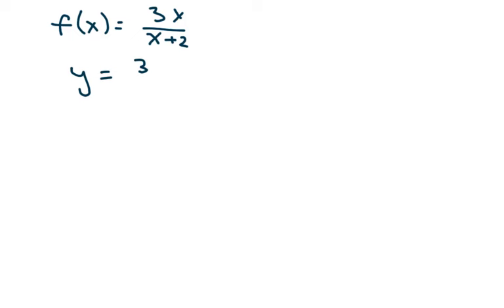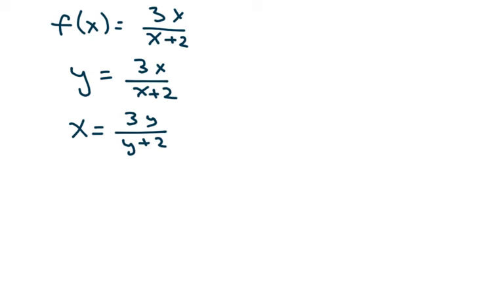Okay, the next problem is going to be 61. We have f of x equals 3x over x plus 2. We change this to y. Switch the x and the y. And then solve for y.